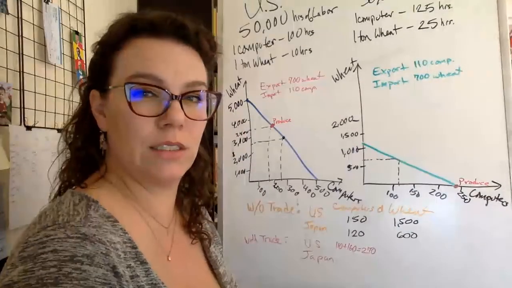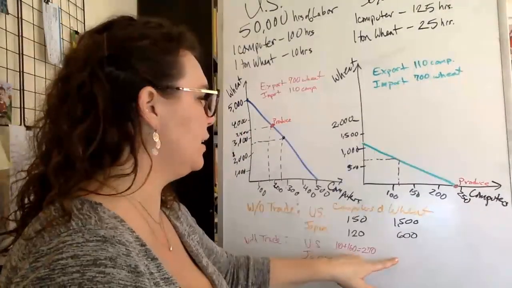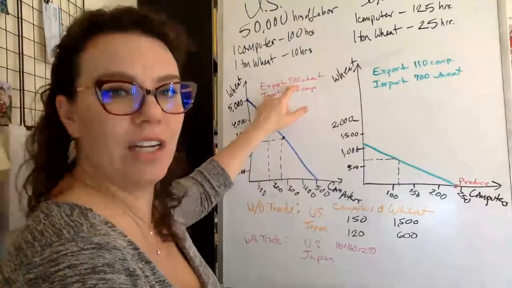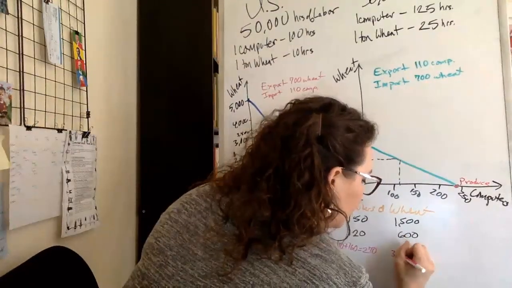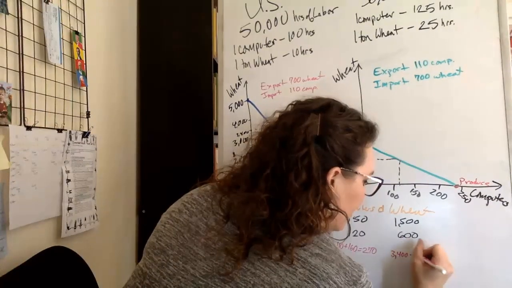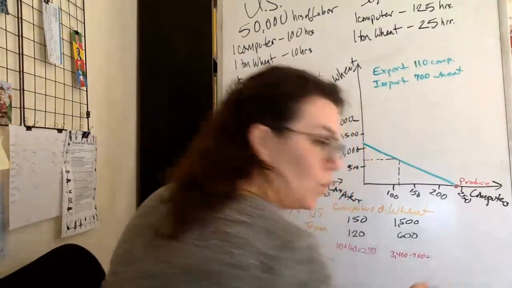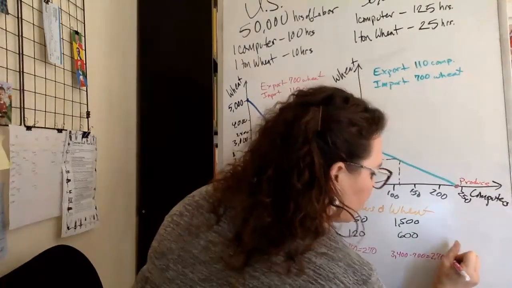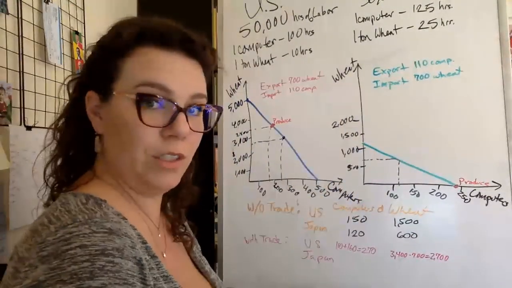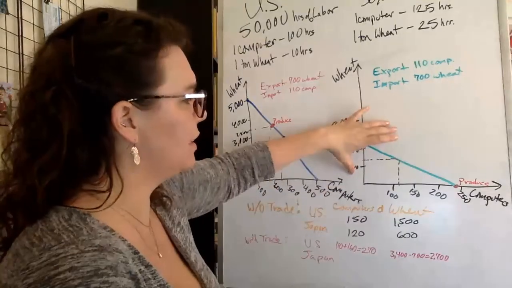Make sense? For wheat, they're going to export 700 out of the 3,400 tons of wheat they created. So 3,400 minus 700 equals a total of 2,700 tons of wheat. So far, so good. Japan's in the same position.